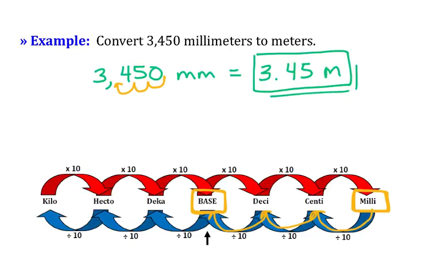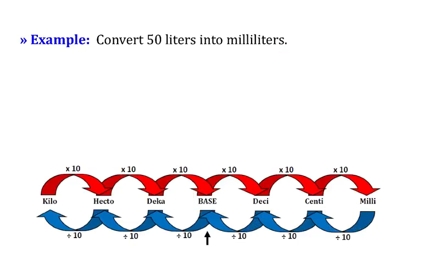Let's try another one. Now we're asked to convert some units involving volume. We're starting with 50 liters. Liters again is our base unit for volume, and we're converting to milliliters. Where I start and where I go is important. I started at my base, so to get to milli, I'm moving 1, 2, 3 steps to the right.